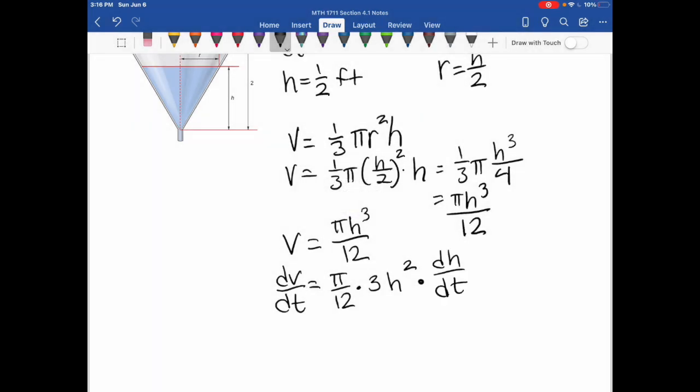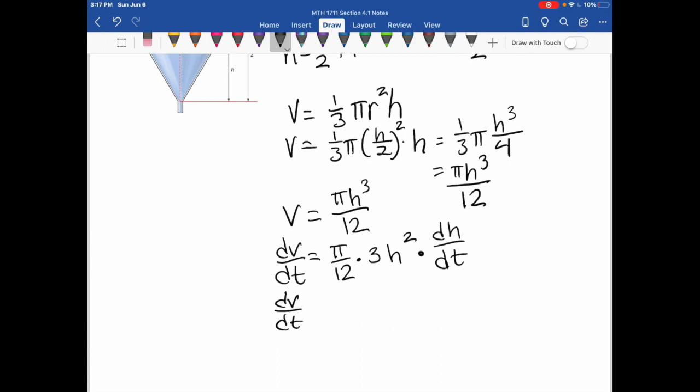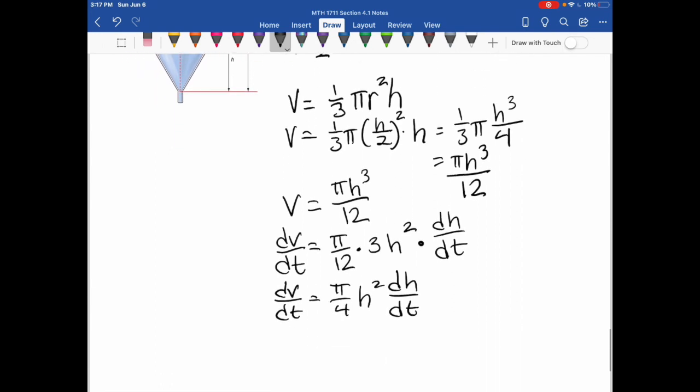And then I still have to multiply that by dh/dt, because we remember that h is changing with respect to time as well. So I've got dV/dt is equal to π over 4 h squared dh/dt. So now I'm going to plug in that the height is given to us as a half.